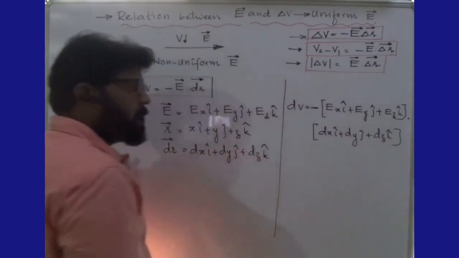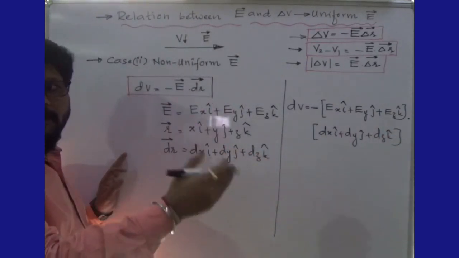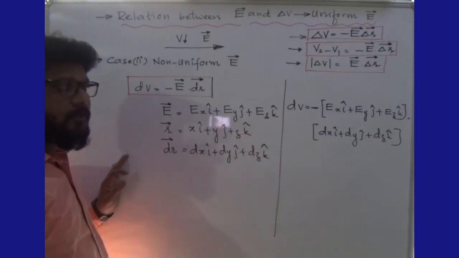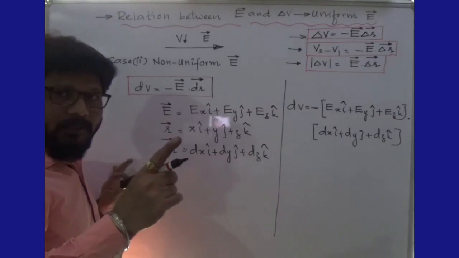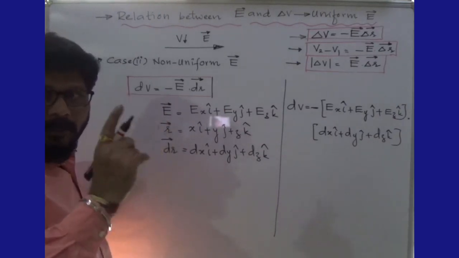Fine. So i dot i, j dot j, k dot k, you know it is a dot product. i dot i is 1, j dot j is 1, k dot k is 1.